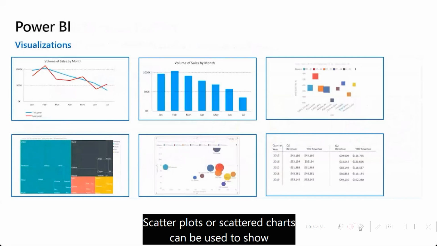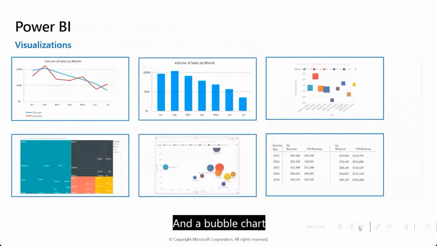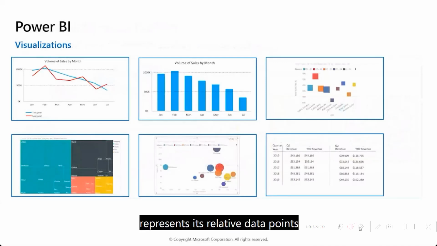Scatter plots or scatter charts can be used to show the relationship between two numeric values, and a bubble chart is essentially a scatter chart that replaces the data points with bubbles, and so the bubble size represents its relative data points in the data.